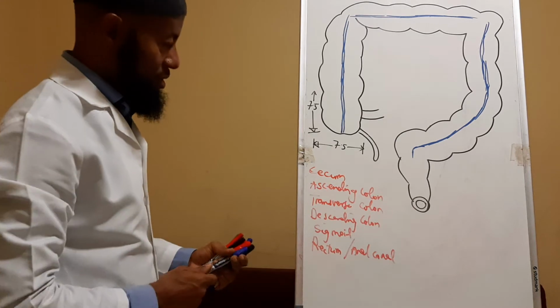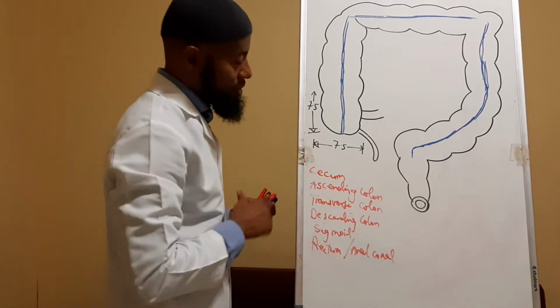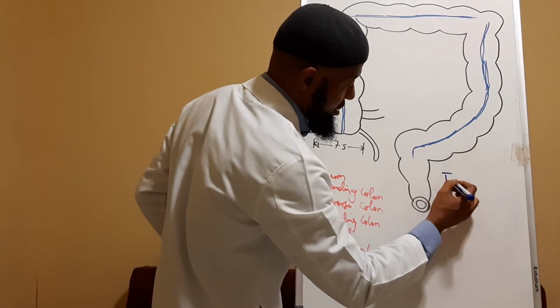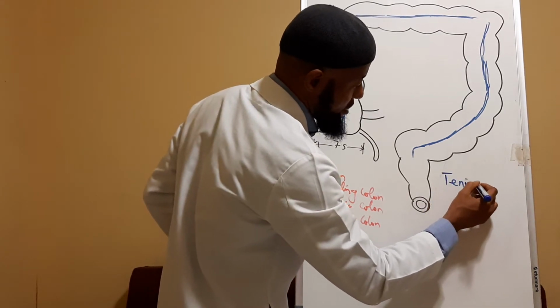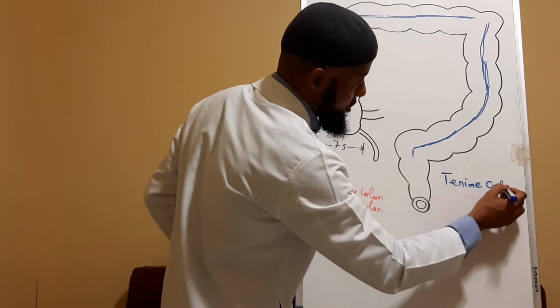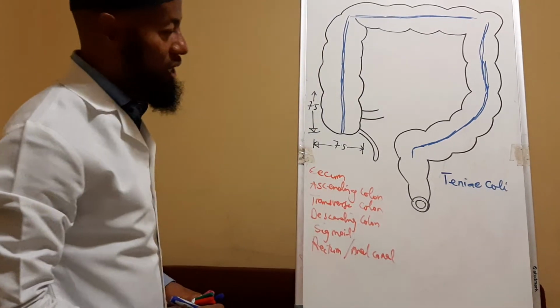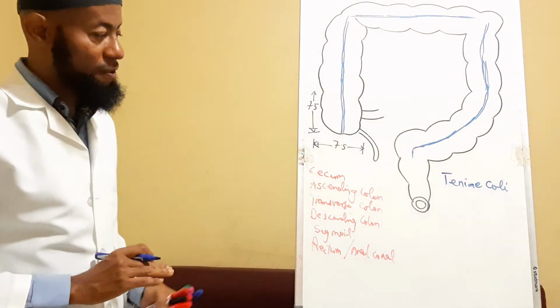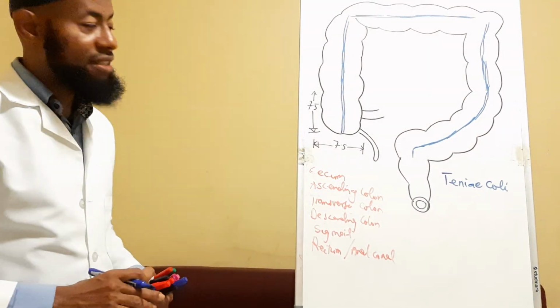So these bands are described as taenia coli. It's a very important distinguishing feature that you find in the large intestine.